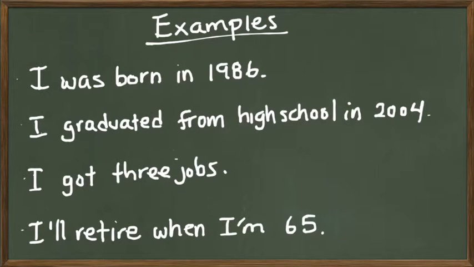Okay, I wanted to explain these expressions in a sentence, in context, so that it's easier for you to understand them. The first one, to be born, can be said like, I was born in 1986.